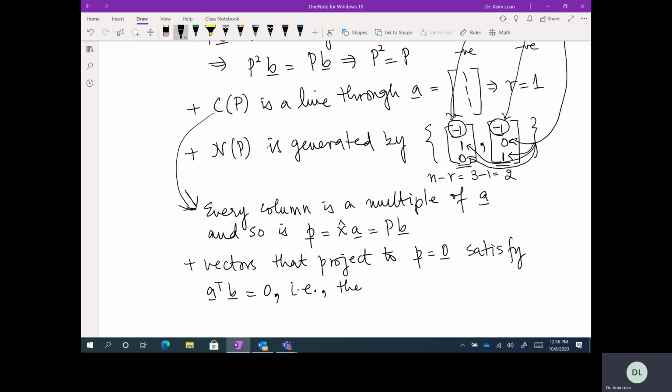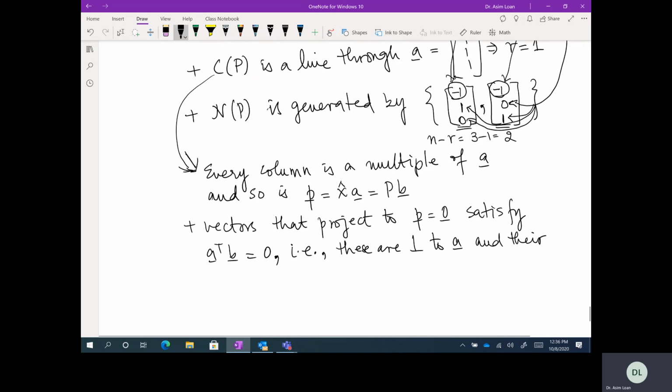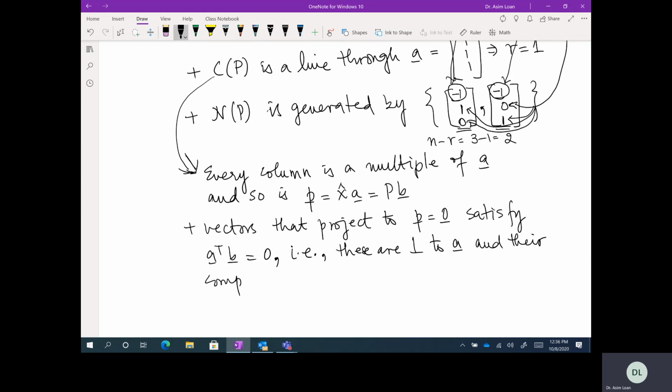That is, these are orthogonal to A, and their component along the line is 0.